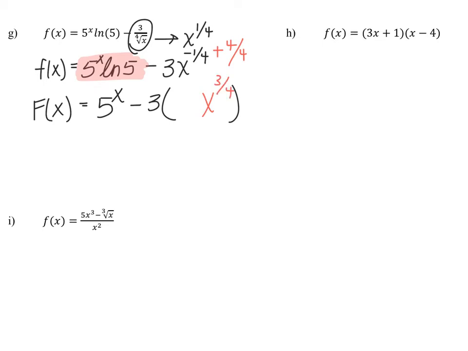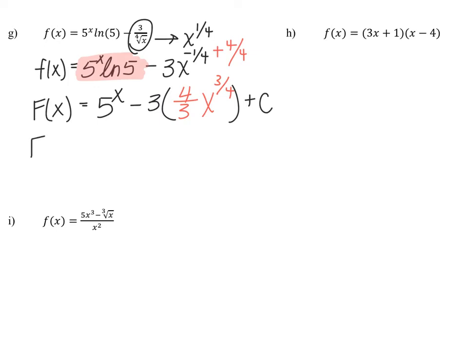And once again, if I were to check that, I wouldn't want to end up with a 3/4 in front. So if I were to compute the derivative of x to the 3/4, I would have 3/4 x to the negative 1/4. I don't want that 3/4, so I would multiply by the reciprocal, and the reciprocal would be 4/3. And then don't forget that plus c, since we're looking for the general antiderivative, so plus c.